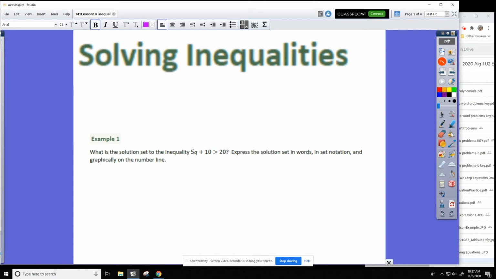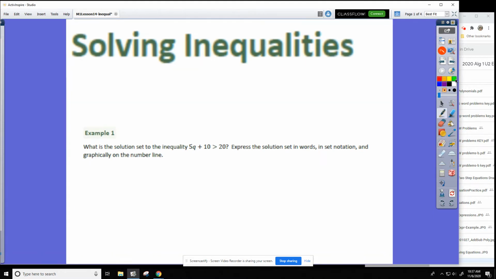Solving inequalities. We've been solving equations, and now we are going to be solving inequalities. So let me get my pen ready. Remember, if we have not equal to, less than, or greater than, this is an open circle.